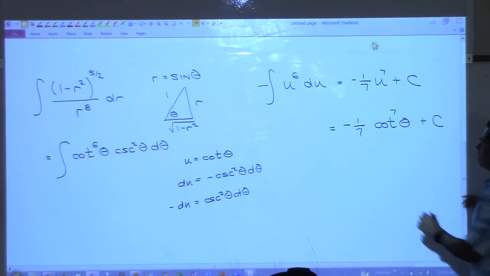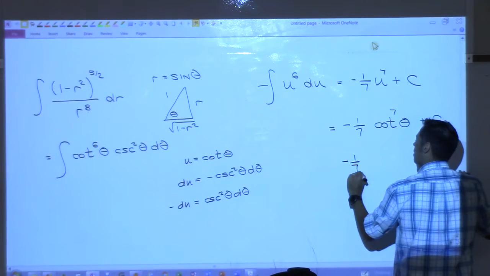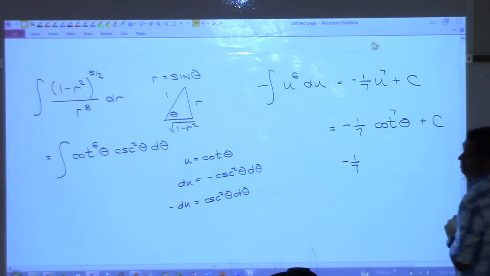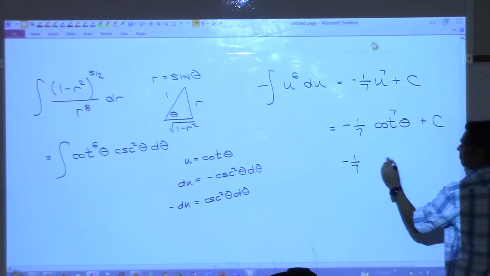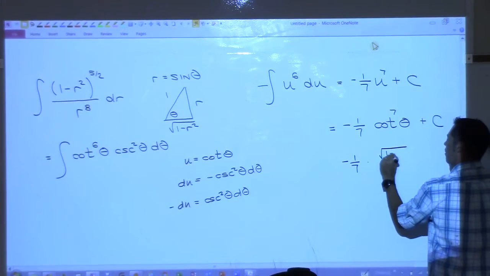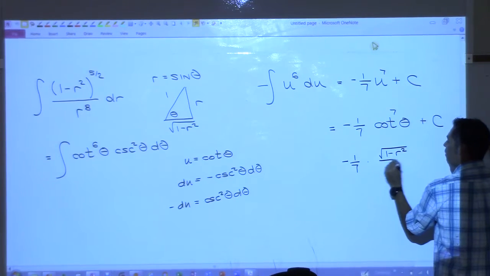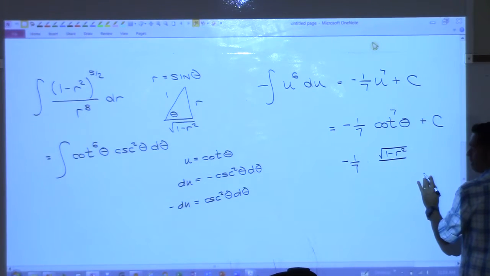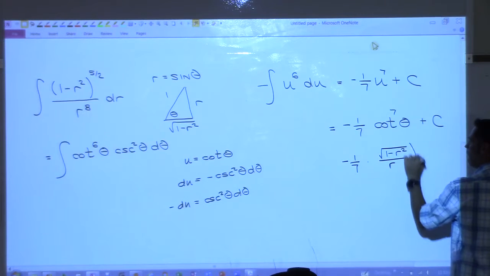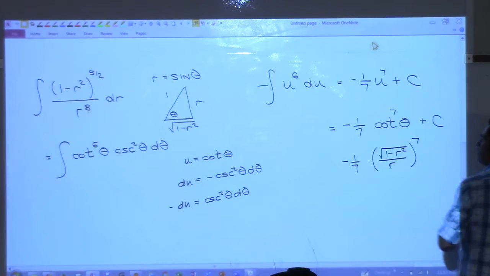So this is negative 1/7 times the adjacent, square root of 1 minus r squared, over my opposite, all of that to the 7th power, plus c.